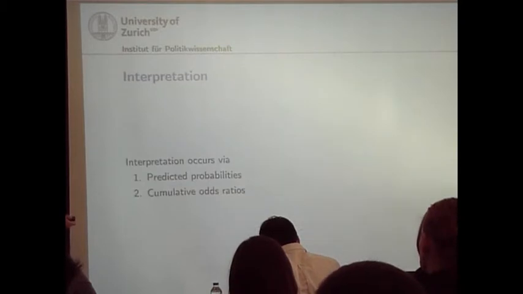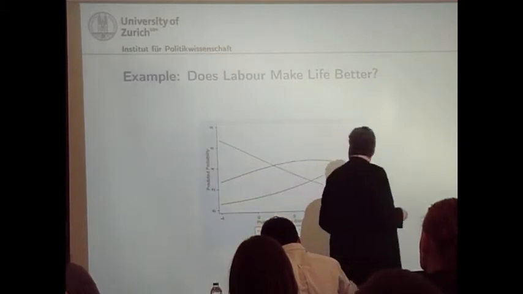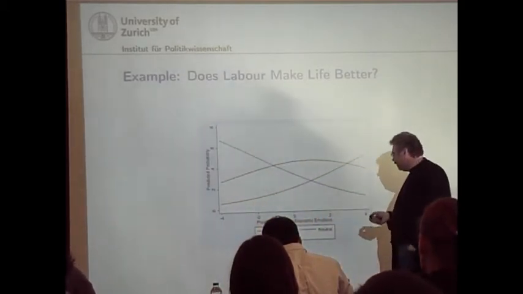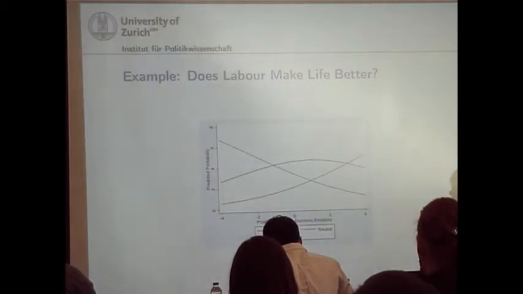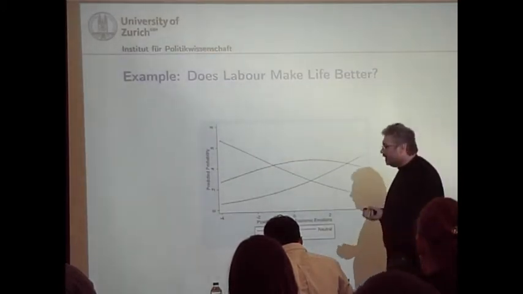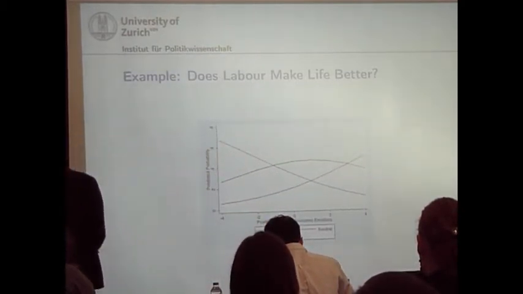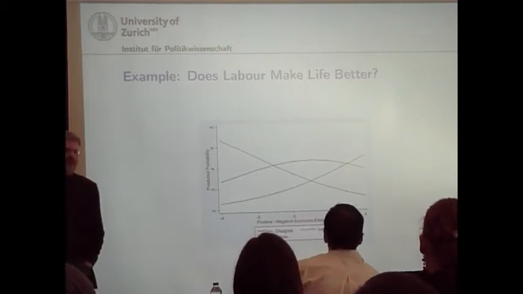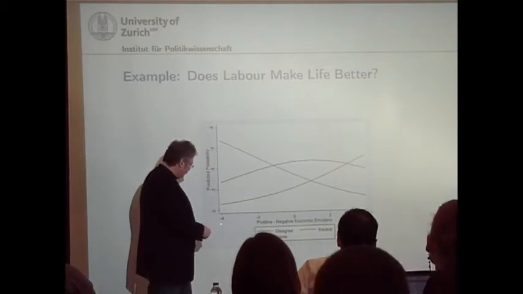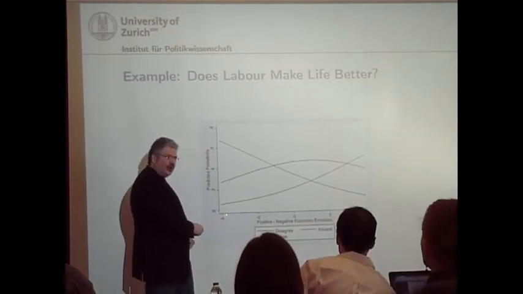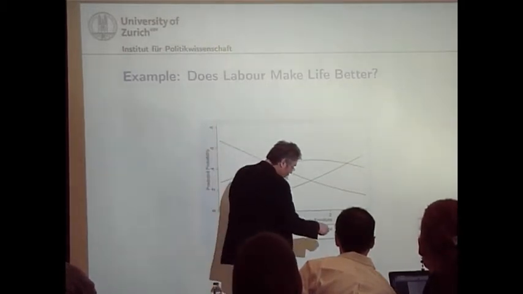So let's do interpretation via predicted probabilities first. Here I have the effect of positive and negative economic emotions. I computed that for people who do not identify with the Labour Party and who are at a median ideological distance from Labour, which is 1. The -4 here is people who only have negative feelings towards the economy, and on the other end, only positive feelings.